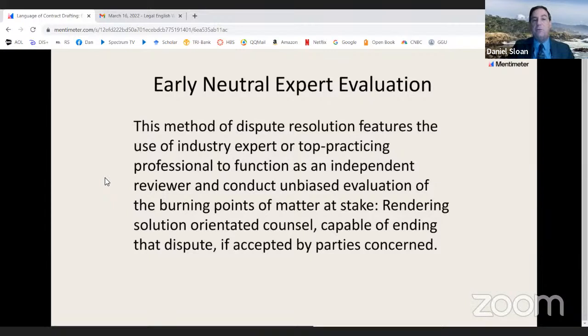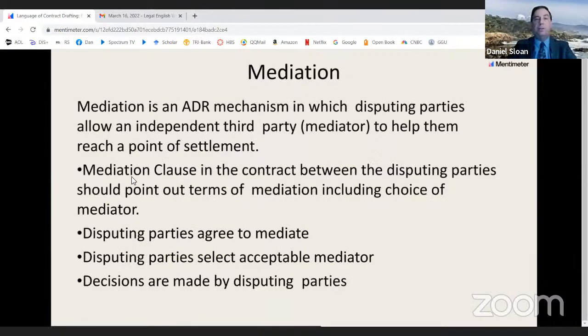It features the use of an industry expert or top practicing professional to function as an independent reviewer and conduct an unbiased evaluation of the burning points of the matter at stake, rendering solution-oriented counsel capable of ending the dispute if accepted by the parties concerned.